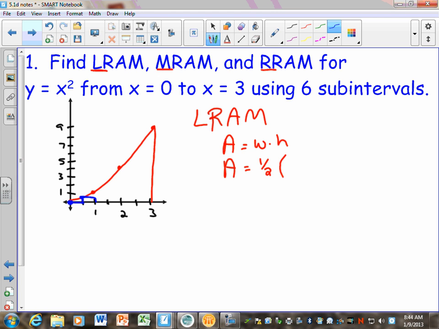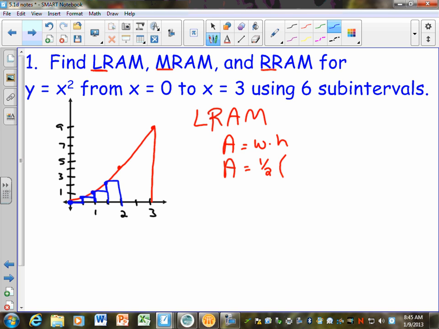And if I keep going and I keep using the left side of each little interval, this left side would be at 1. So where does that cross on the graph? Up here. And I would get a nice little rectangle like this. From 3/2 to 2, I would use the 3/2, but that height would be up here.